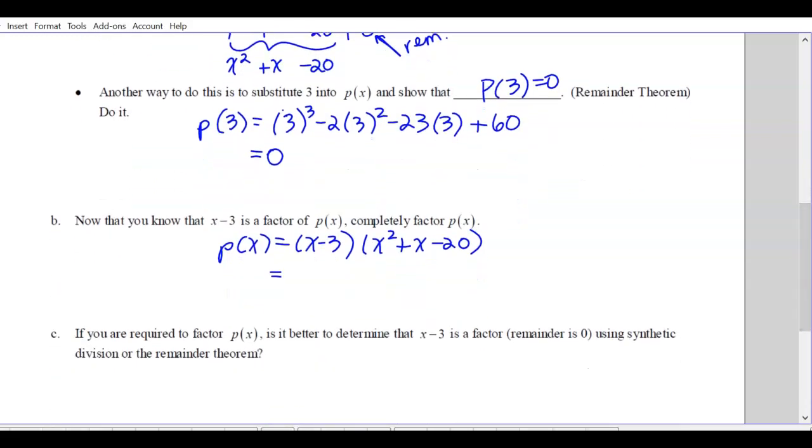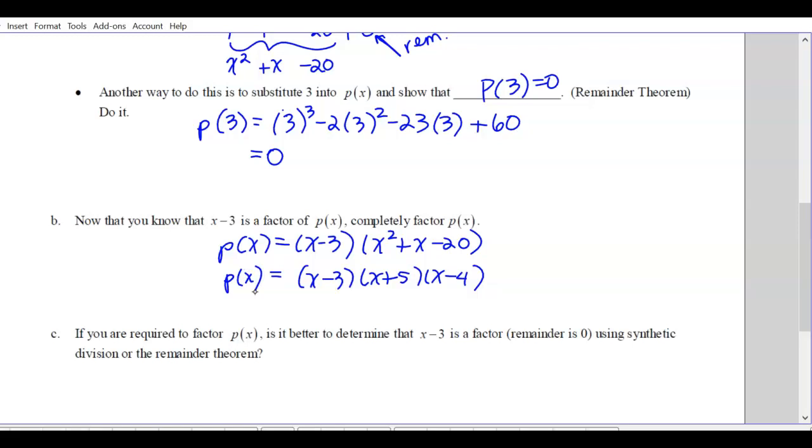Sometimes it won't be, but this one is. So back to math 10, factor that trinomial. Okay, so now you've got it in factored form.